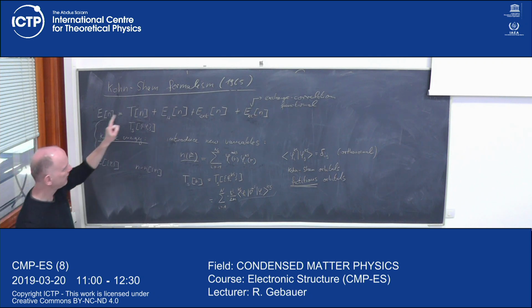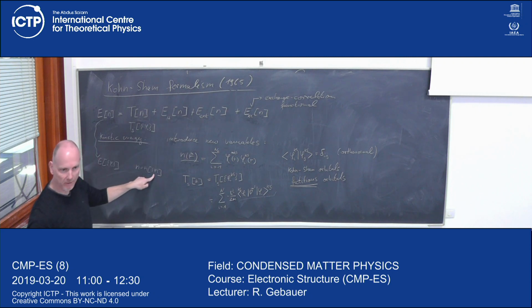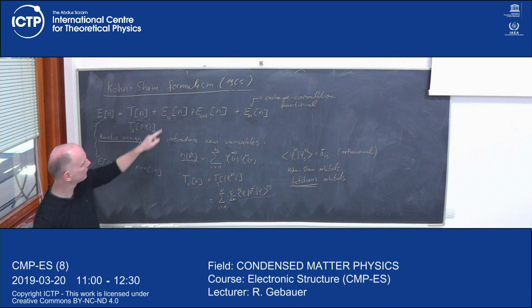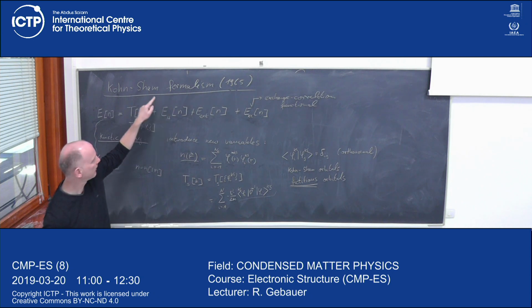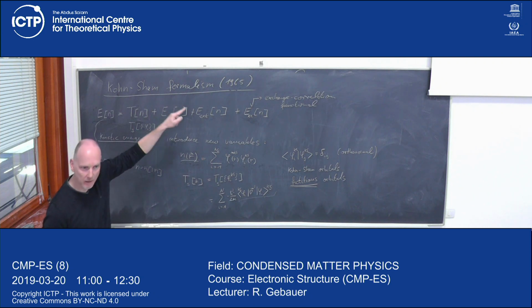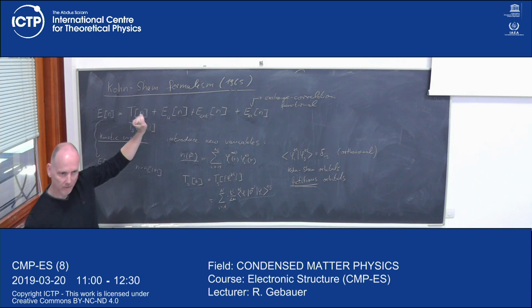Here, in this expression, for example, you have written explicitly only in terms of n. But this is not a problem because n is a functional of the phi's. So the chain rule tells you, in order to find the minimum of this term with respect to the phi's, you calculate dE with respect to dn and then dn with respect to d phi. Chain rule of derivations. Okay? This is what I mean with chain rule.